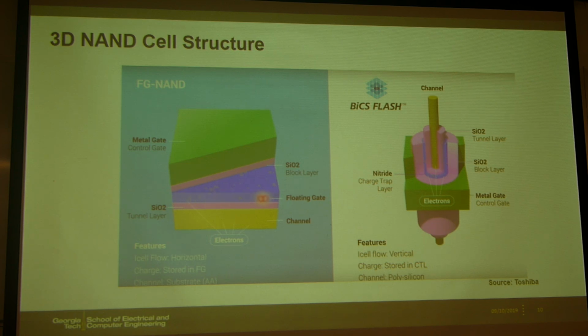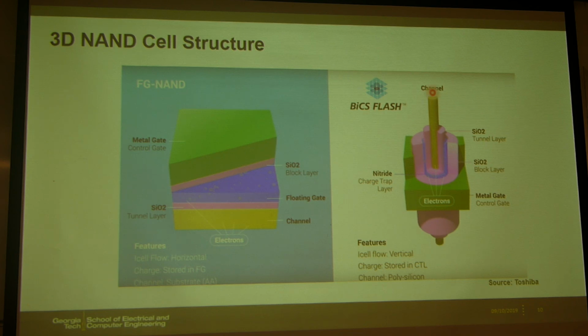In this figure, this blue one. But in 3D NAND, the material is different. This blue color one is charge trap layer, and material is nitride. So used material is different. And the current path in 2D NAND is silicon substrate, but in 3D NAND, the channel is polysilicon here.